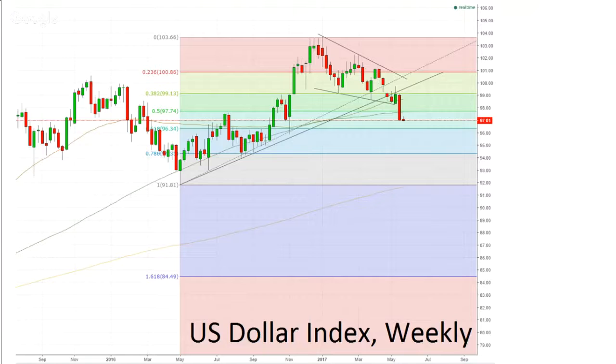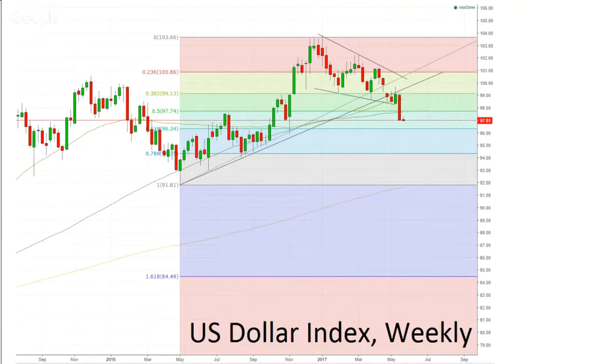And when we look at the euro dollar chart, we will see that really the euro made a great leap to the upside versus the US currency. And this movement of the single currency has largely contributed to the decline of the US dollar index.